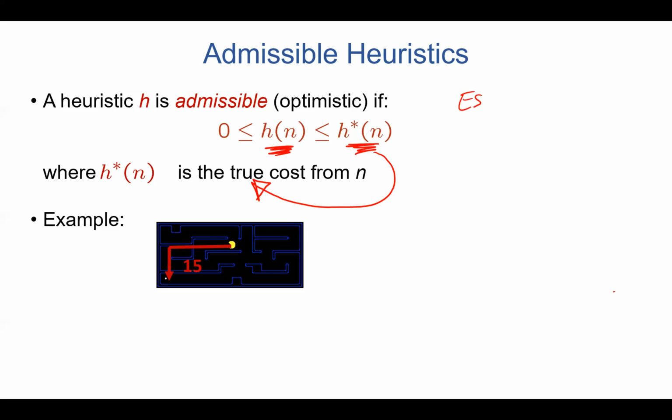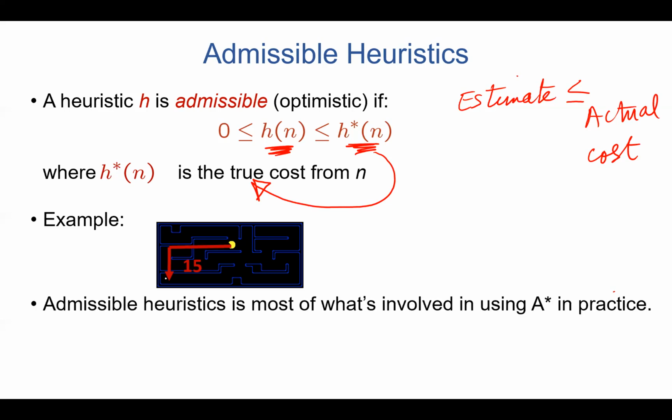Our estimate has to be less than or equal to the actual cost. We will see with an example how we make sure that our estimate is less than or equal to the actual true cost.